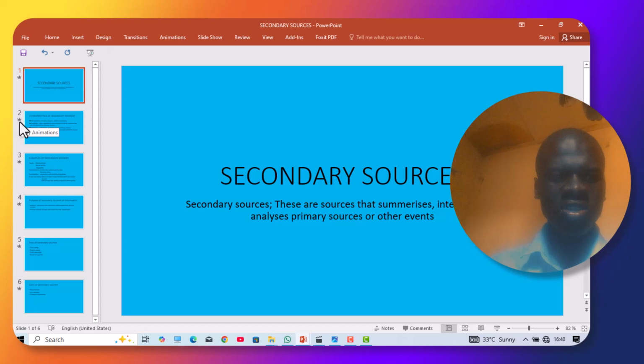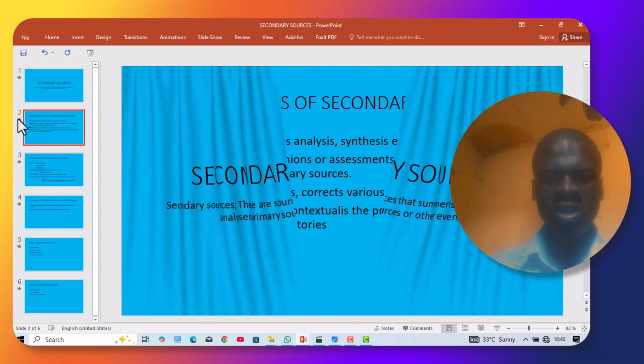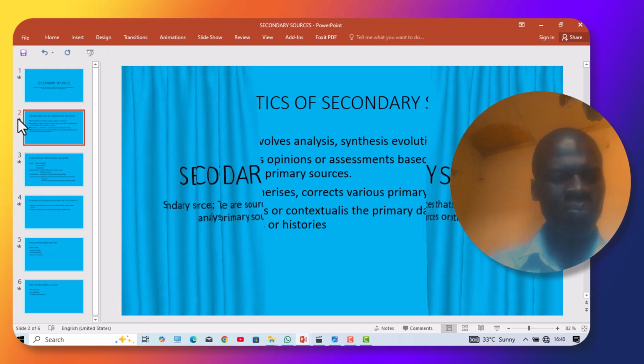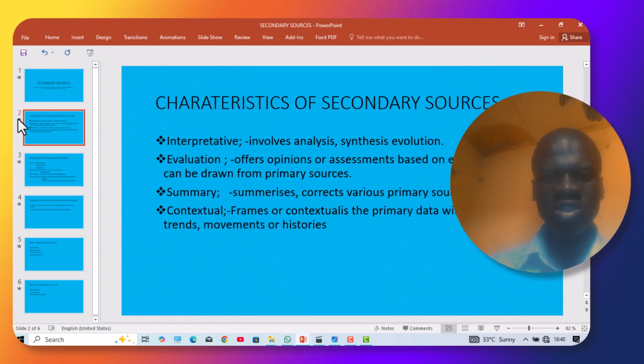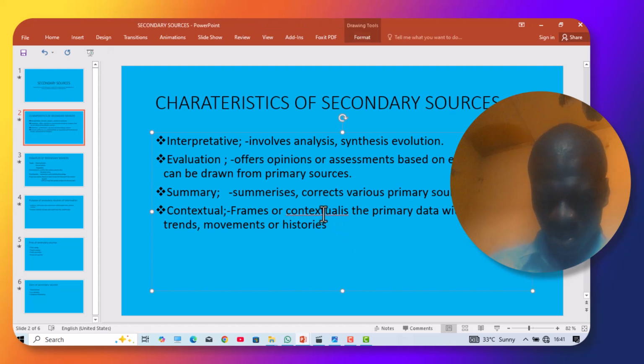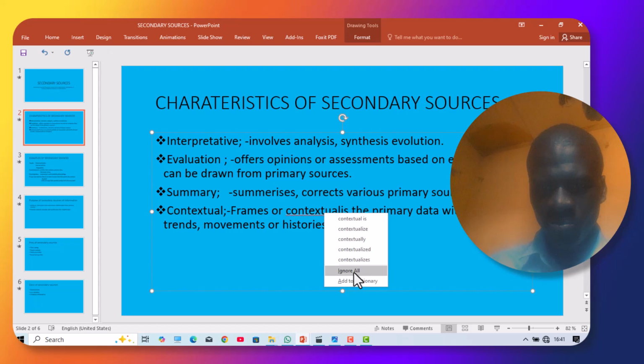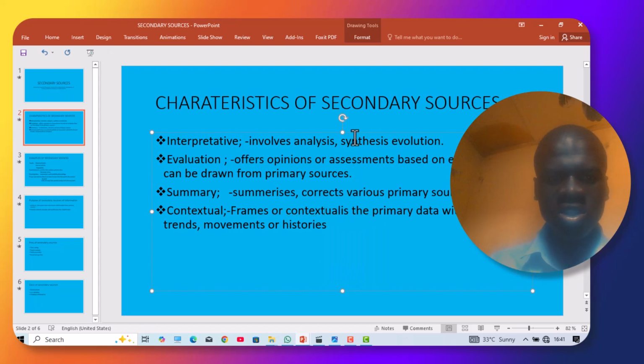So that is a simple definition which we can easily understand. Now we are looking at the characteristics of secondary sources. So we are saying it is interpretative.